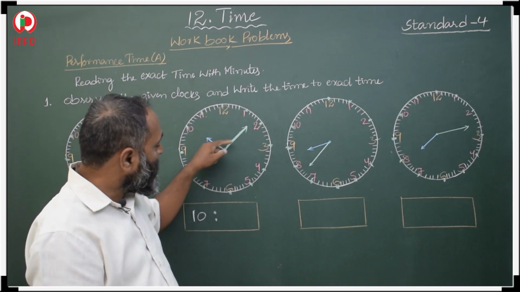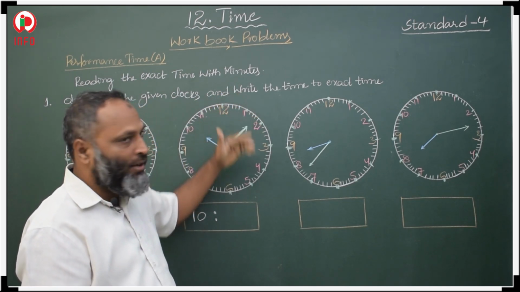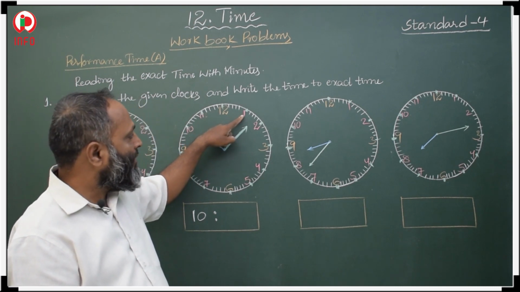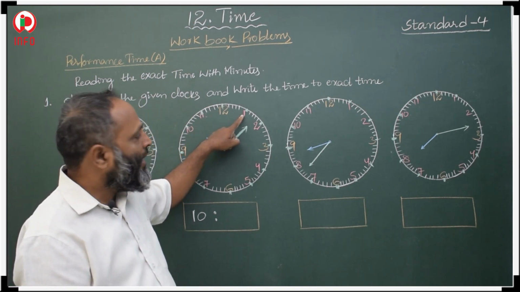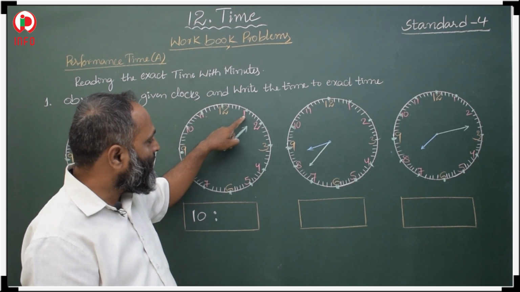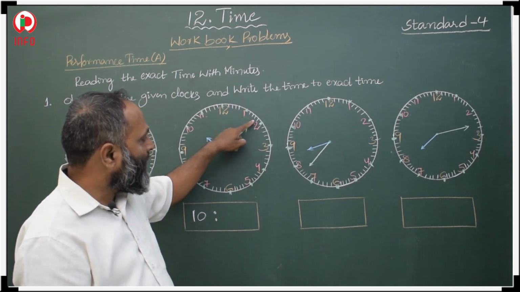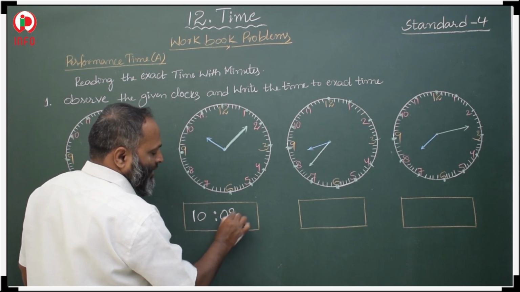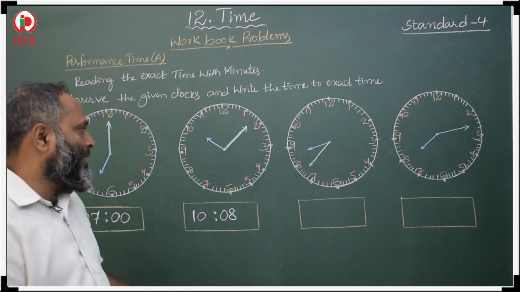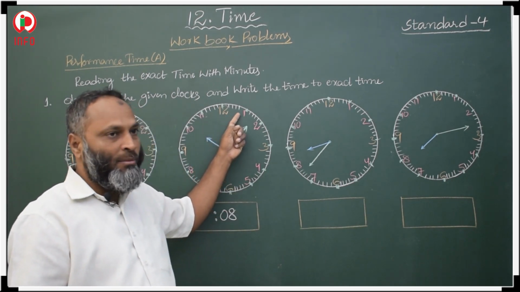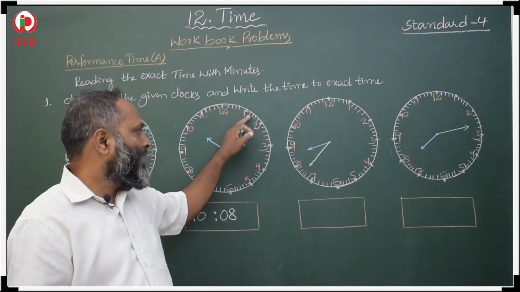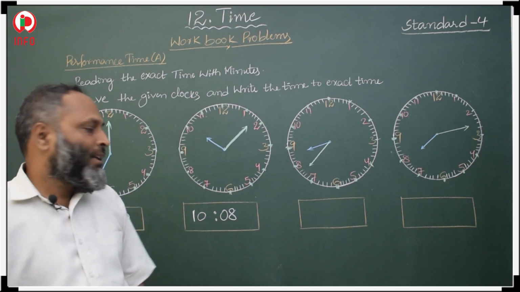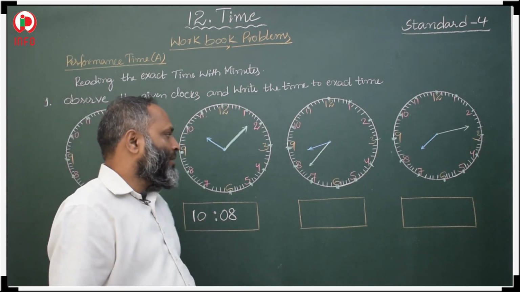The minutes hand is after 1 and before 2. At 1 we have 5 minutes, and after that we count 5, 6, 7, 8, so it means 10 hours 8 minutes. Exactly 8 minutes, so 10 hours 8 minutes.